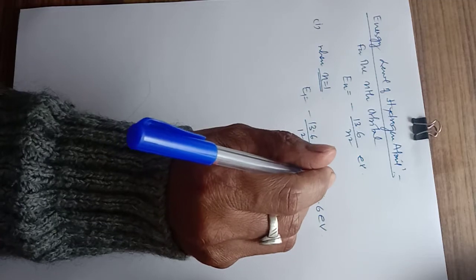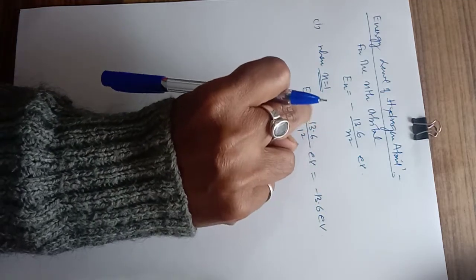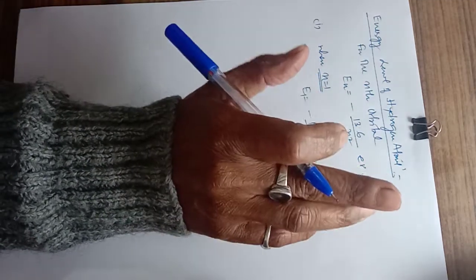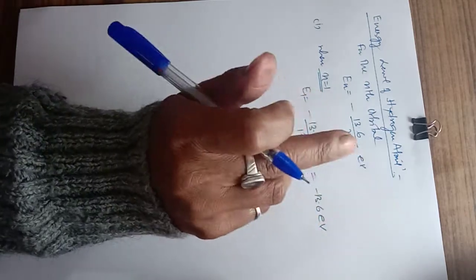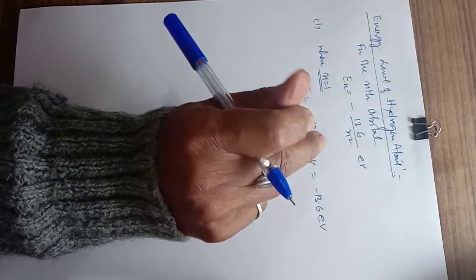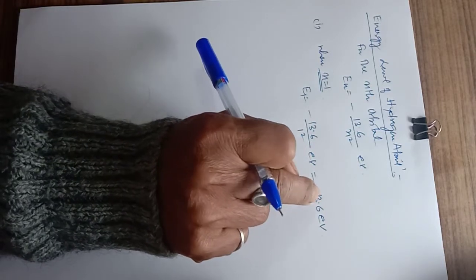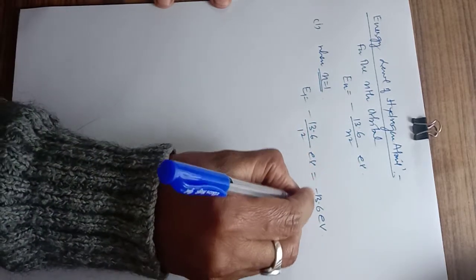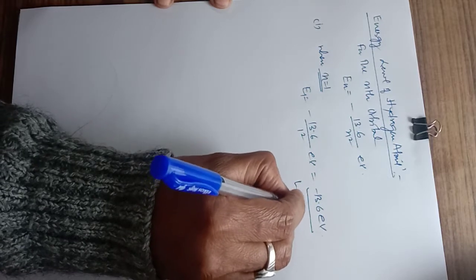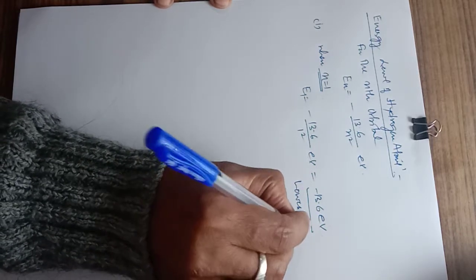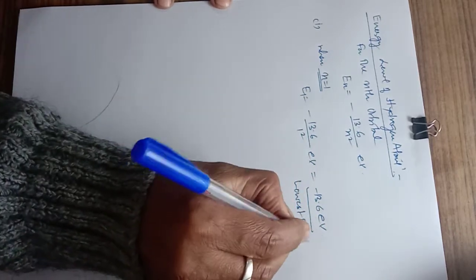What does it mean? It means that when n is equal to 1, the electron is revolving in the innermost, the first shell. Then the energy of that level is minus 13.6. And this is the lowest energy of hydrogen atom.